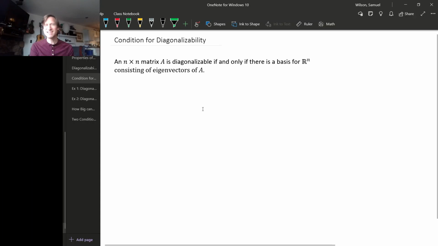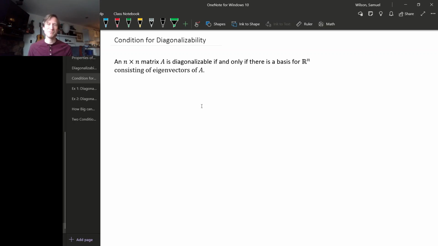So this is the sense in which diagonal matrices are the only nice linear transformations, in the sense that I meant at the beginning. There are other matrices that are not diagonal that act just by stretching a basis, but all of those matrices are diagonalizable.